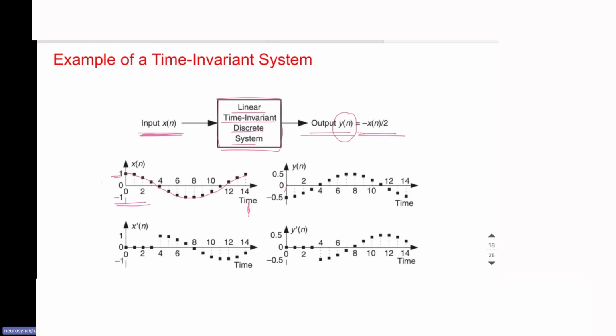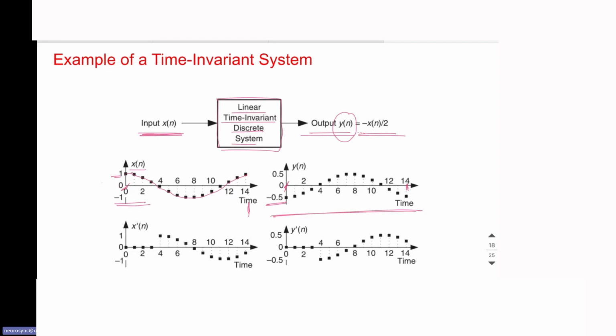So at 0, x of n is 1, therefore at 0, y of n is minus 1 by 2, that is minus 0.5. Like that, you can calculate for each sample, and you will get this type of discrete signal.